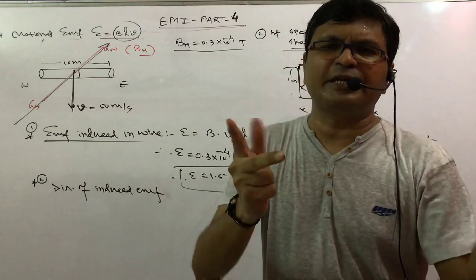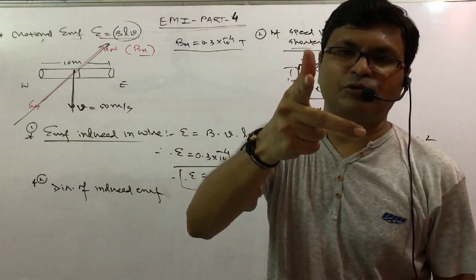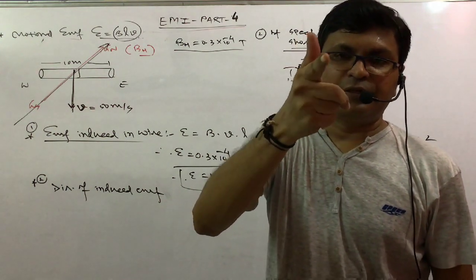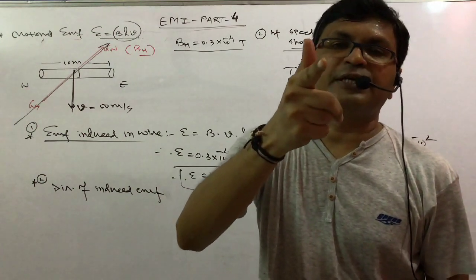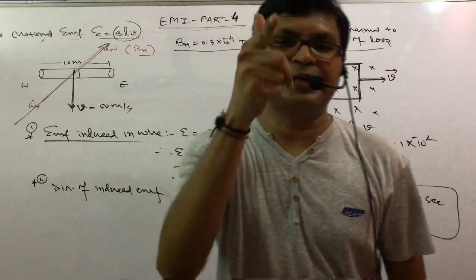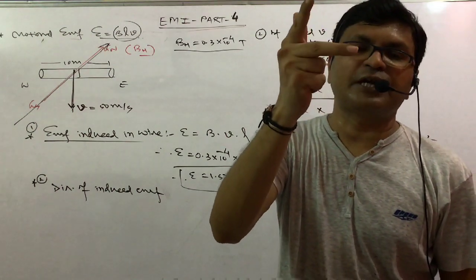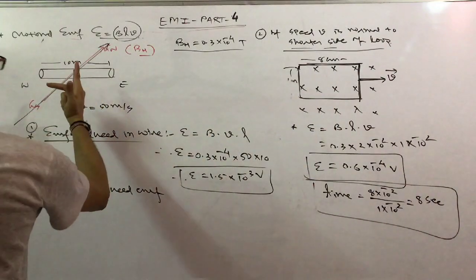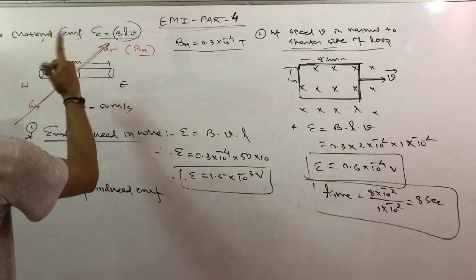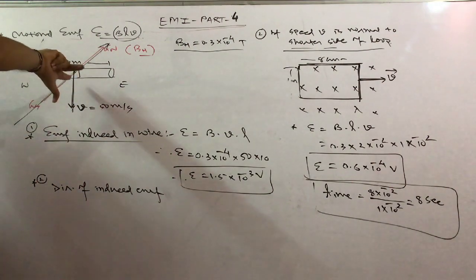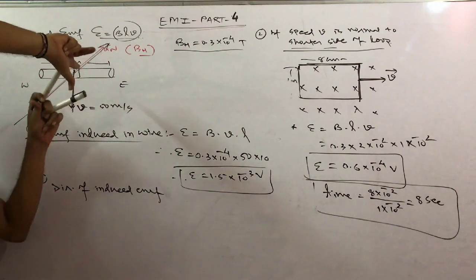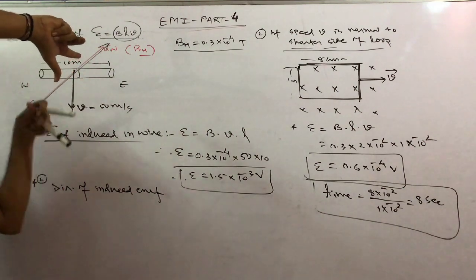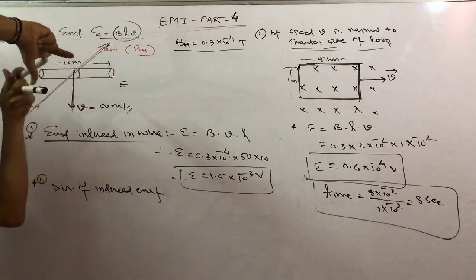जब भी induced EMF की डायरेक्शन फाइंड करना हो, think about Fleming's right hand rule. Thumb, the direction of motion of body; forefinger simply gives idea about the direction of applied magnetic field; and this middle finger gives idea about direction of induced EMF. तो इधर अप्लाई करना हो तो ये फोर फिंगर अंदर जानी चाहिए, तो ऐसा हो गया, परफेक्ट। Check this point, each and every point: four fingers represent magnetic field, thumb represents direction of motion, then this is the direction of induced EMF.